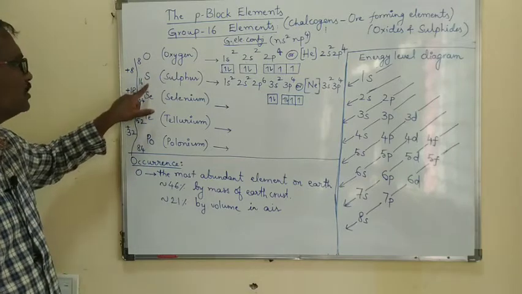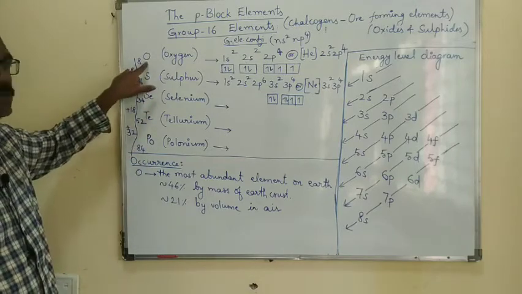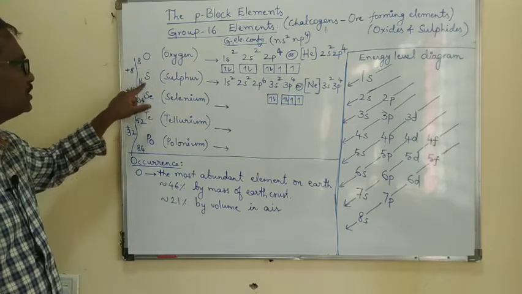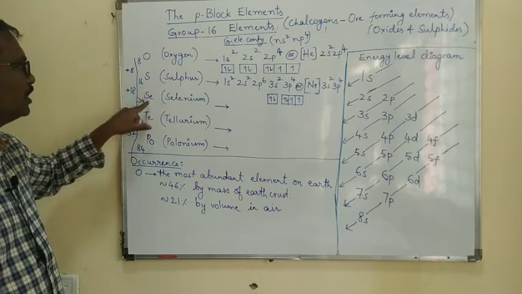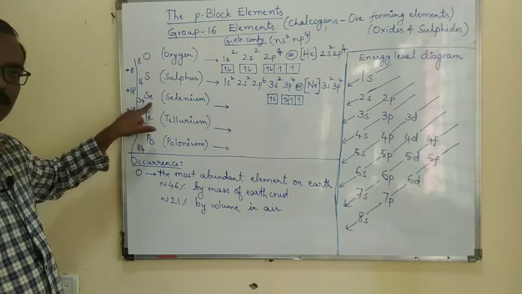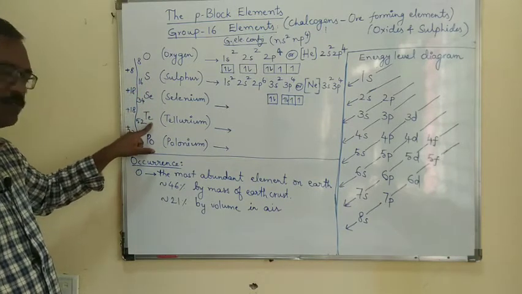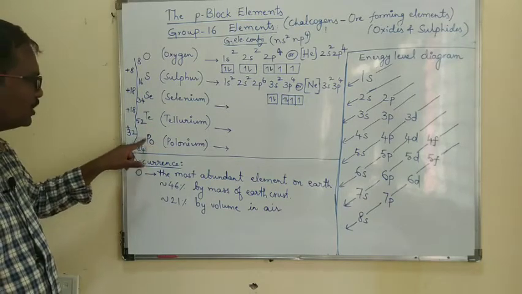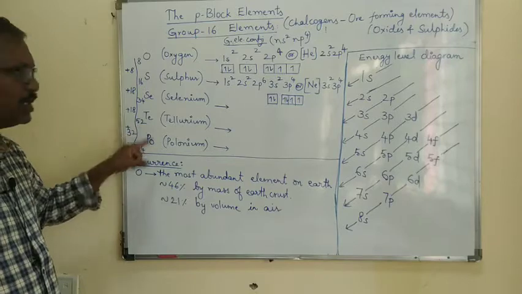So oxygen is 8, no need to memorize, just remember the oxygen atomic number. Add 8, that will give sulfur. Add 18, that will give selenium, add 18, that will give tellurium, add 32, that will give polonium. So what is the meaning of this one?